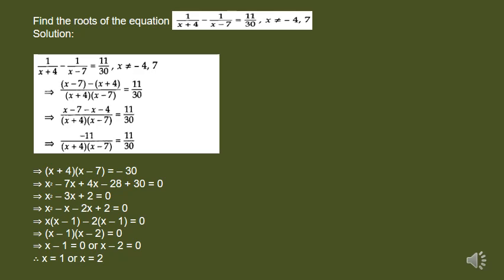After factorizing, we get two roots, x is equal to 1 and x is equal to 2, that is, x minus 1 equal to 0 and x minus 2 equal to 0. After transposing, we get two roots, x is equal to 1 and x is equal to 2.